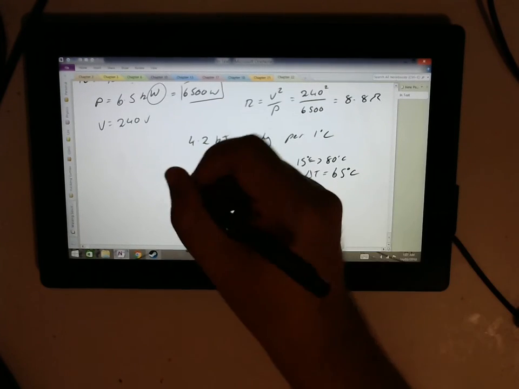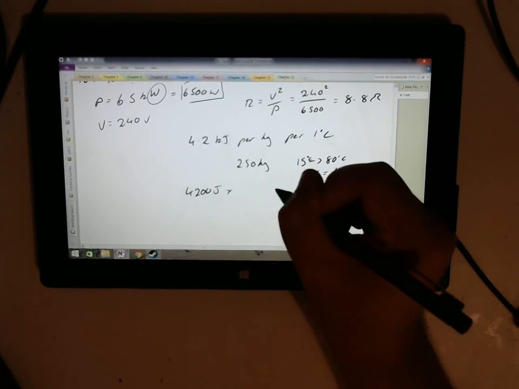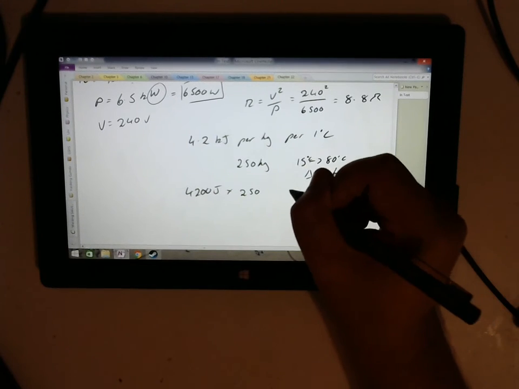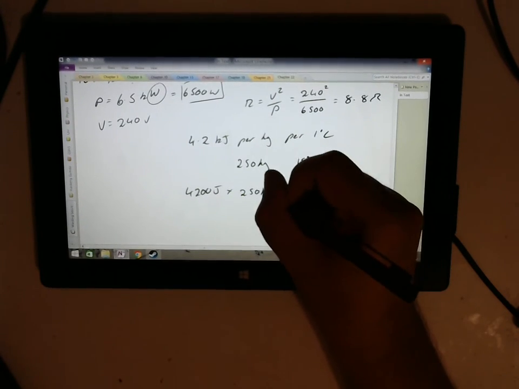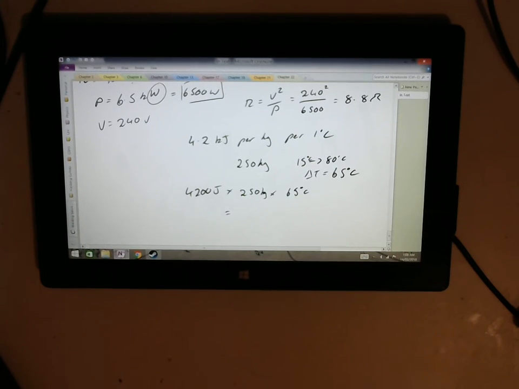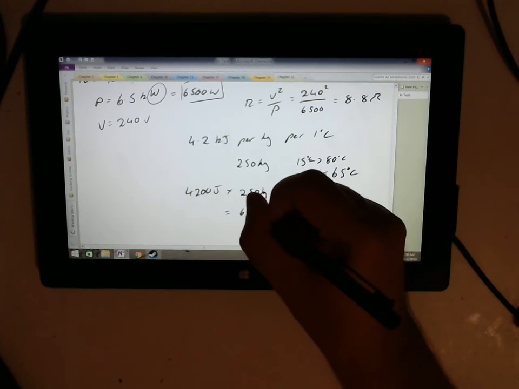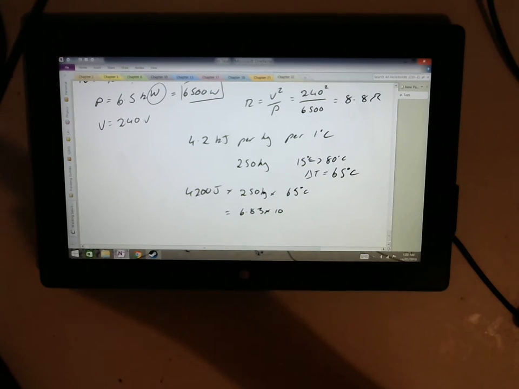So that gives us 4,200 joules multiplied by 250 kilograms multiplied by 65 degrees Celsius. And that gives us a total of 6.83 times 10 to the 7 joules required.